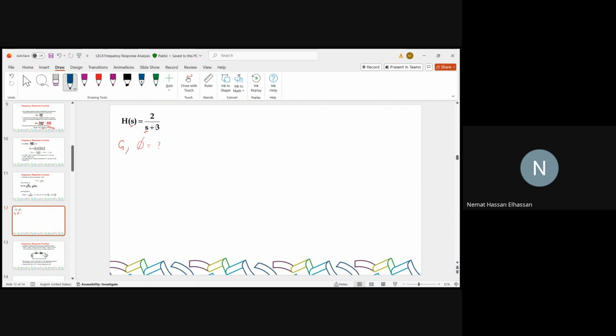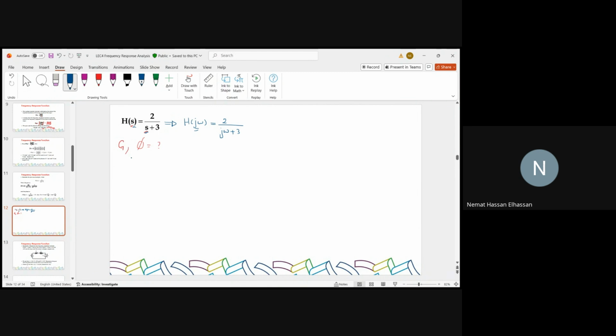Instead of H of s, we will have H of j omega, which is equal to 2 divided by, instead of this s, j omega plus 3. So step one is to convert from a Laplace transfer function to a frequency response function.